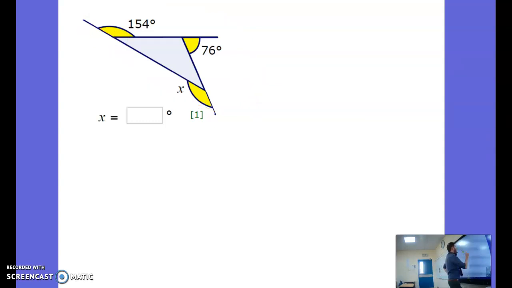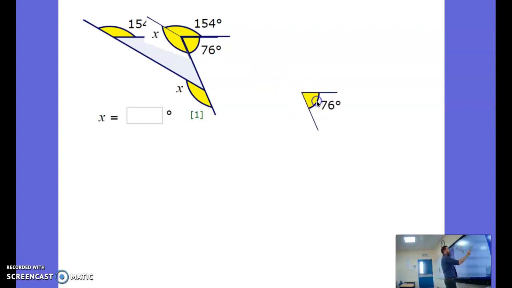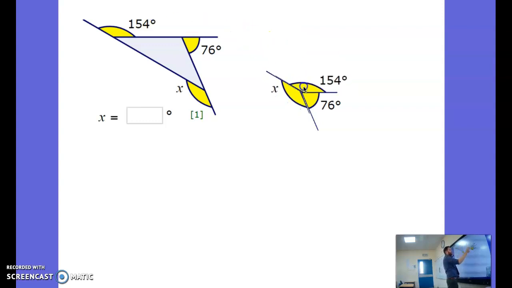And I can demonstrate that. If I bring these all together, you'll see that they add up to 360 degrees. Those three angles there are making a perfect circle, because they are three exterior angles. So they must add up to 360 degrees.